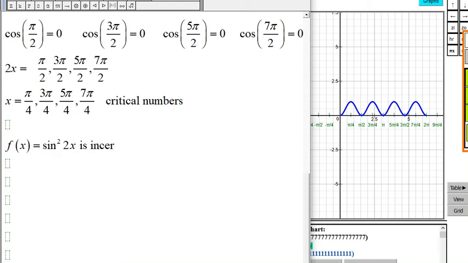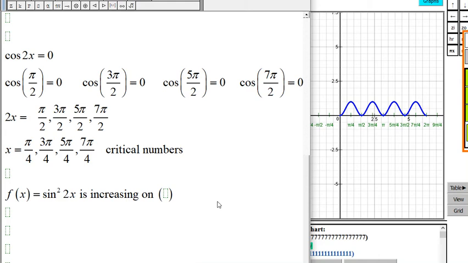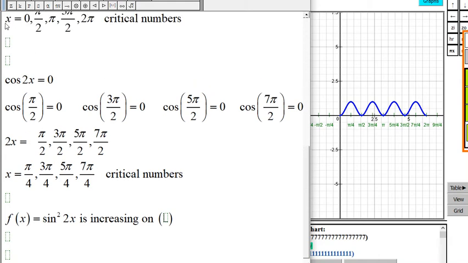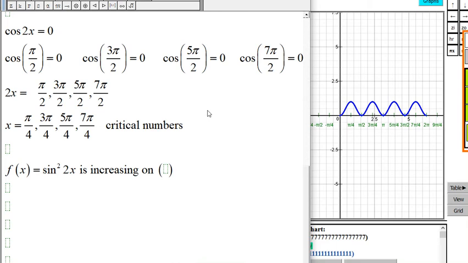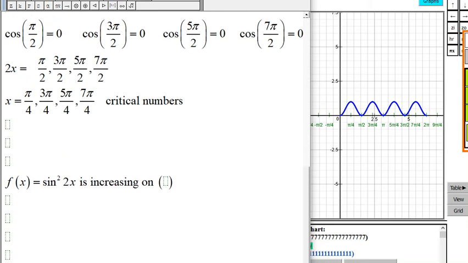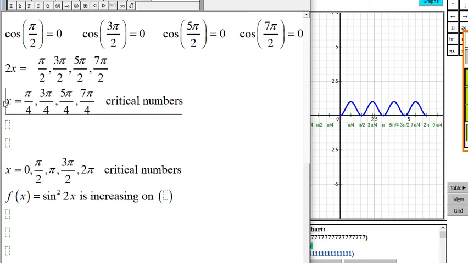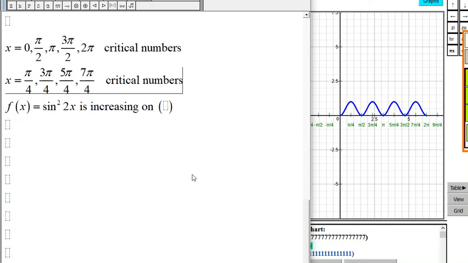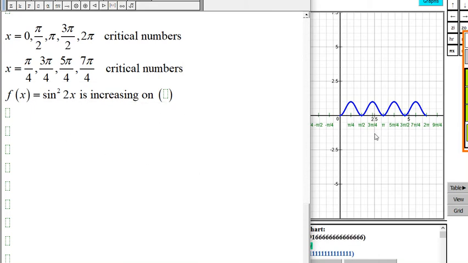The function is increasing on the interval, so let's put the list of the critical numbers together first. We see that from 0 to pi over 4, where pi over 4 is one of the critical numbers, the graph is increasing.